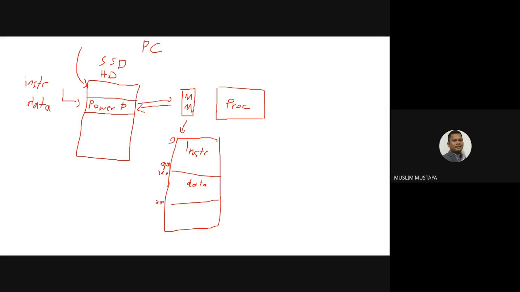If you have a small memory, you cannot transfer all instructions at one time. So they pick the important instructions first and fetch them here. As you do your work and need an instruction that does not exist in the main memory yet, it has to go and fetch it from the hard drive. Then it's going to take a while again.